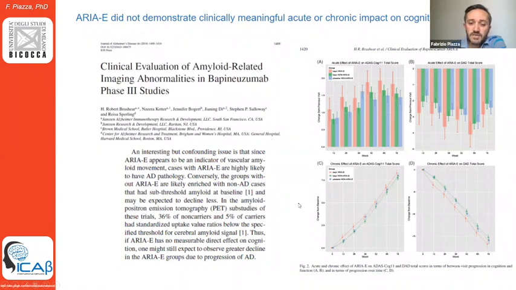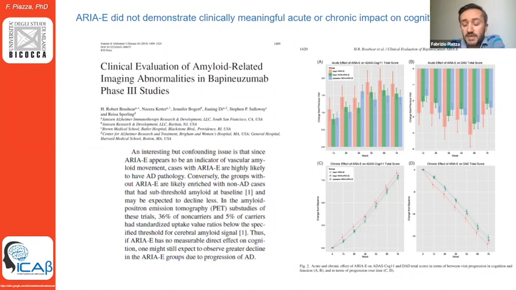However, we have to take into account that the same retrospective analysis showed that more than 80% of the patients were not ApoE4 and not amyloid positive on amyloid PET at baseline, meaning that there were some recruitment concerns in these initial trials.